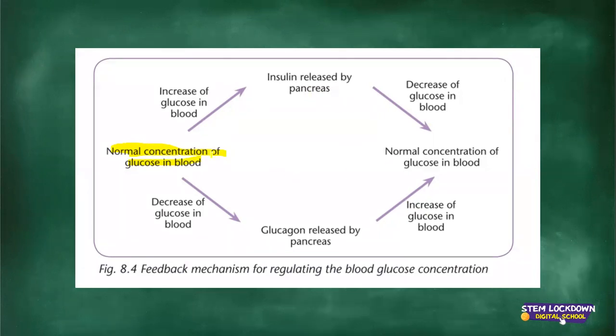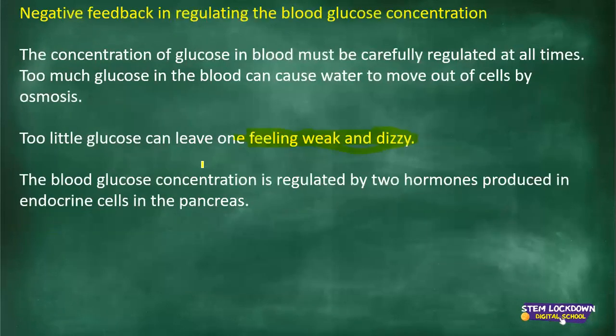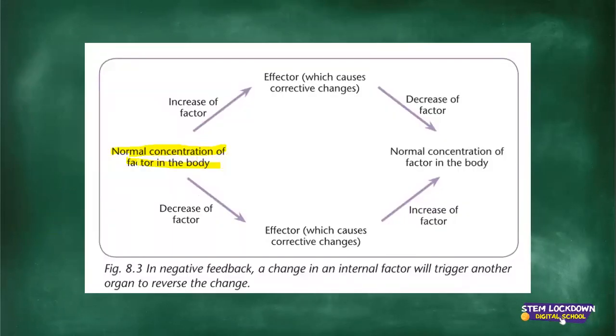Like here, it's normal concentration of glucose in blood. Let me compare it with the one I told you. Here, it's normal concentration of factor in blood, so the glucose is the factor. When they say increase of factor, when we're dealing with blood glucose, it means increase of glucose. And here it would be decrease of glucose.